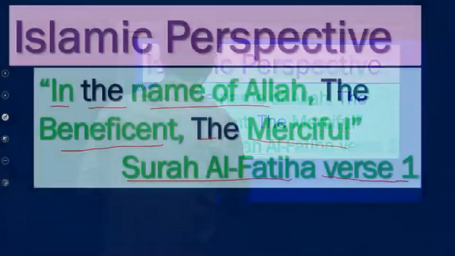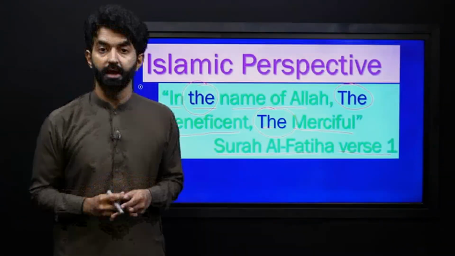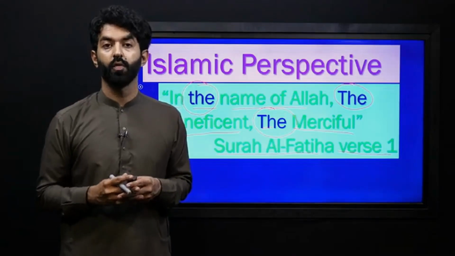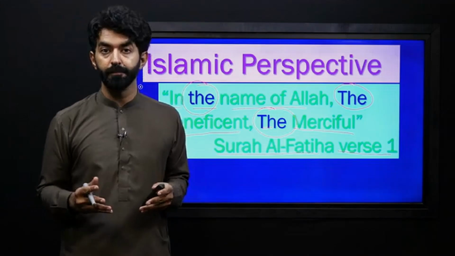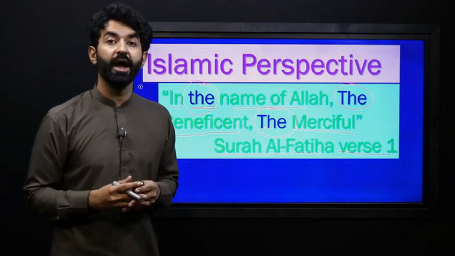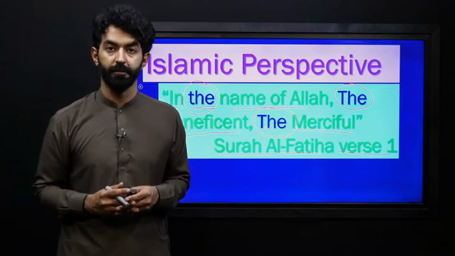So here, in the name of Allah, the Beneficent, the Merciful, we are talking about the article the, which is a definite one, because Allah is the one and He is the definite. Nobody is like Him. So that's why we use these articles. So you can find articles in the translation of the Holy Quran as well.